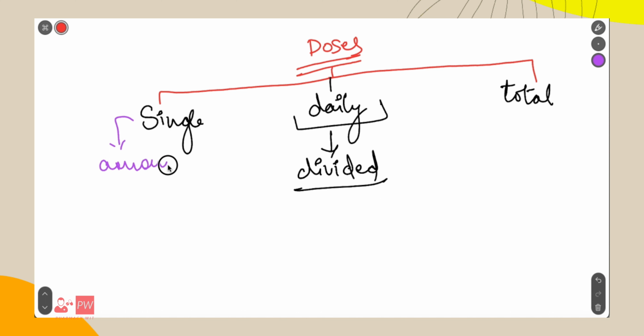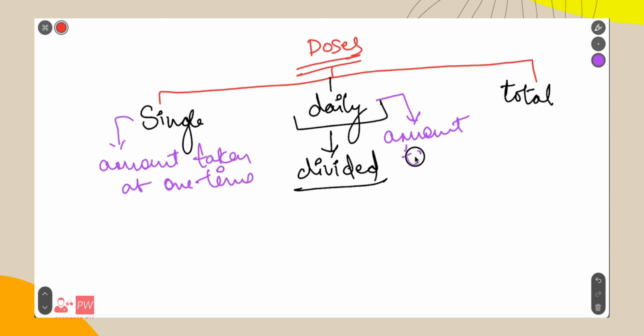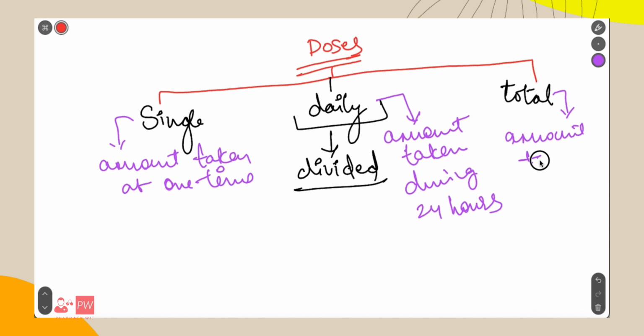Single dose: the amount which is taken at one time. Daily dose: the amount which is taken during 24 hours. And the total dose is the amount which is taken during the course of treatment.